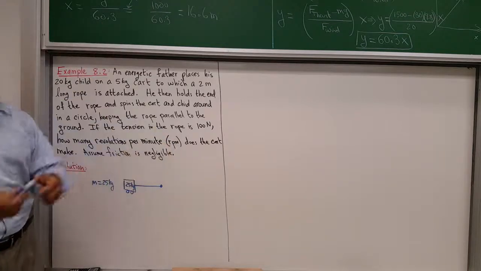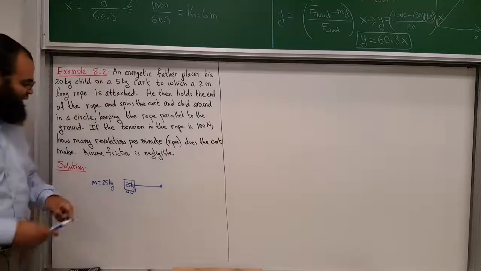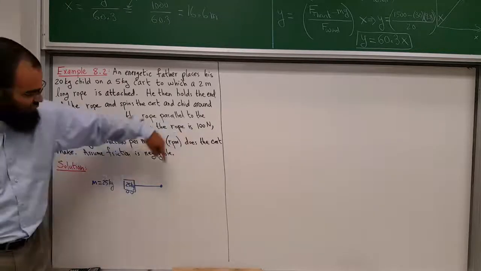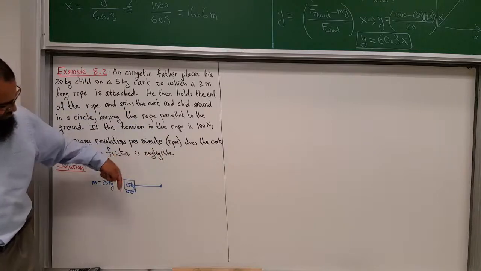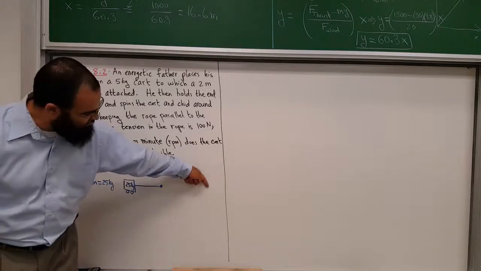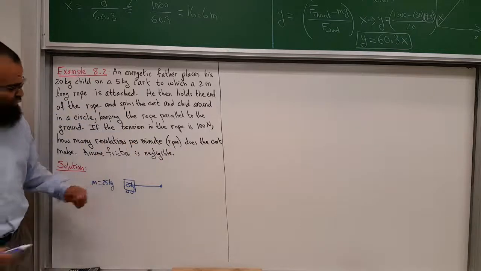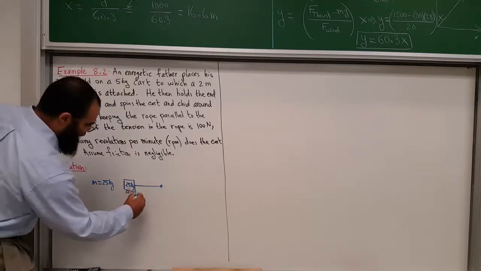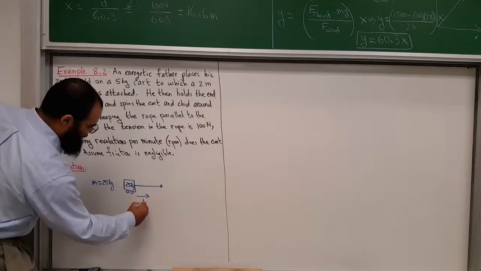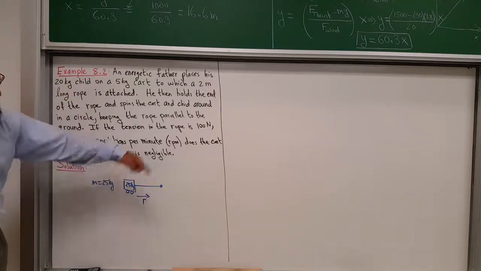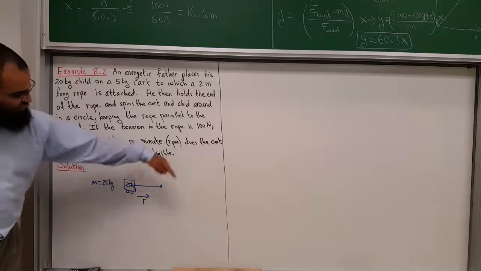Hopefully not that way, you don't want to spin, I mean, you might fall. So they're on the floor and the father is spinning them that way. When they're here, they're coming towards you and then going around. When they get there, they're going into the board and coming like this. So this is the r-axis, if you like. And then the tangent axis points in the counterclockwise direction, tangent.